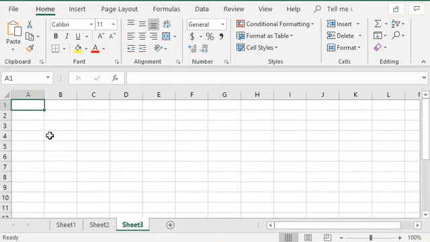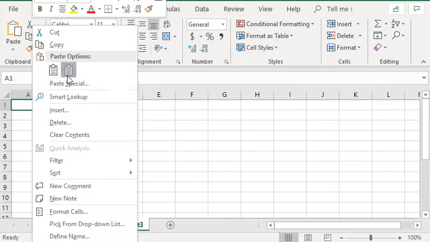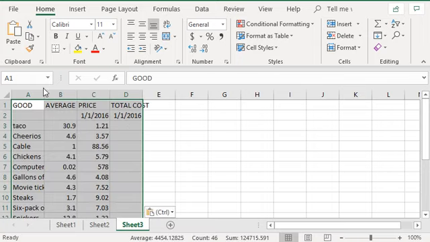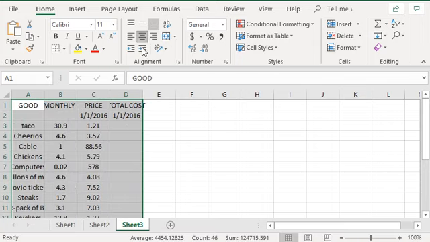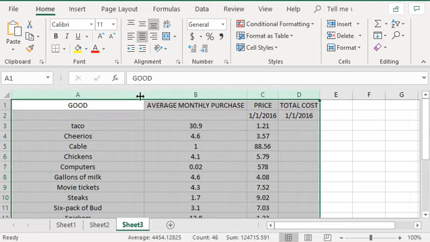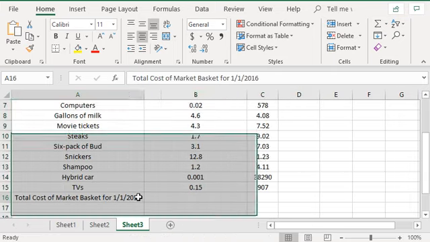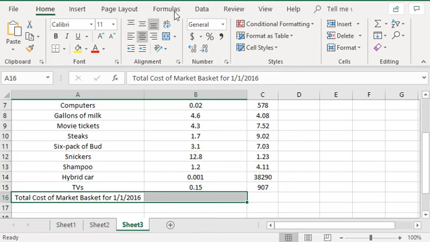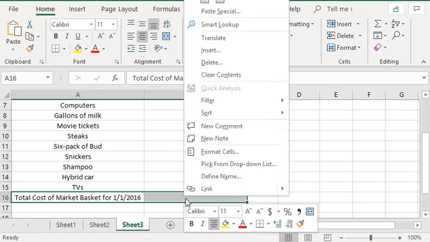Make a new sheet. Paste his numbers. Format it a little bit so you can see what's going on here.